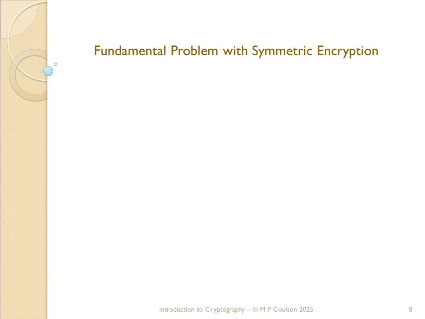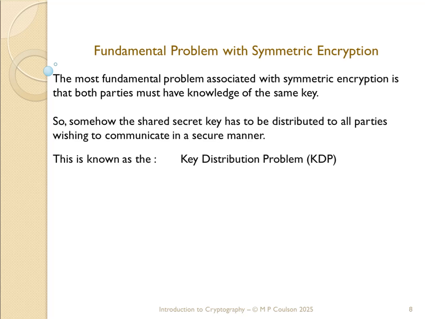Symmetric encryption has a problem. The most fundamental problem associated with symmetric encryption is that both parties must have knowledge of the same key. So, somehow the shared secret key has to be distributed to all parties in a secure manner. This is known as the key distribution problem.